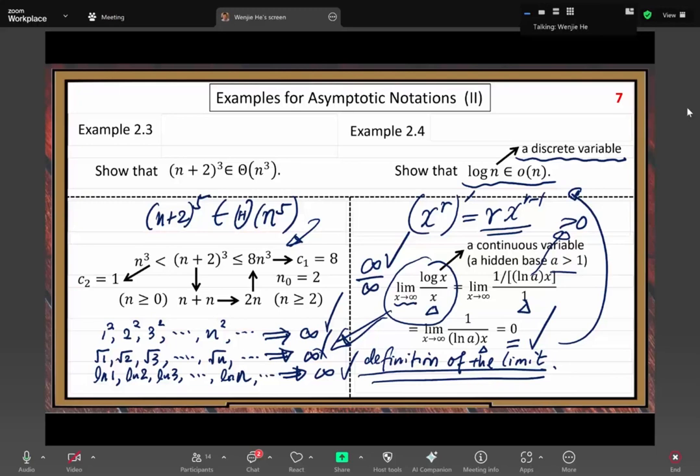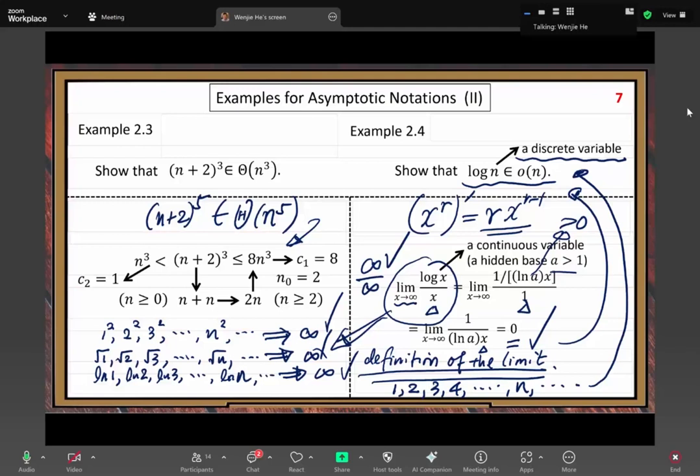Now, the last step: we take one special sequence for x, the consecutive positive integers 1, 2, 3, 4. This particular sequence corresponds to the discrete variable, and it's legal.